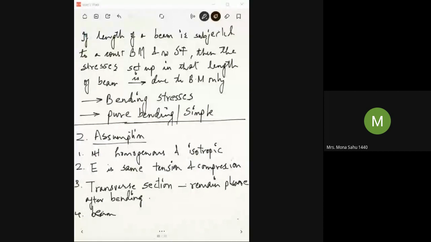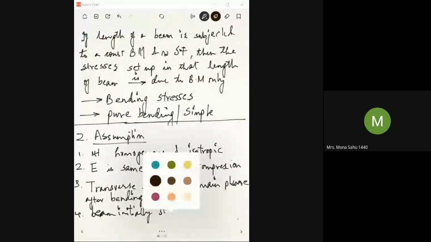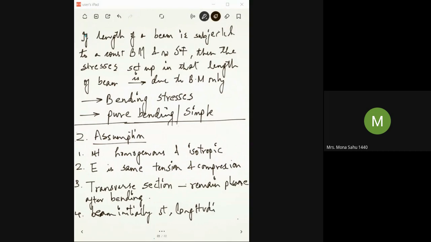And then I told you the longitudinal filaments, that means the longitudinal section, is going to bend into circular arcs.